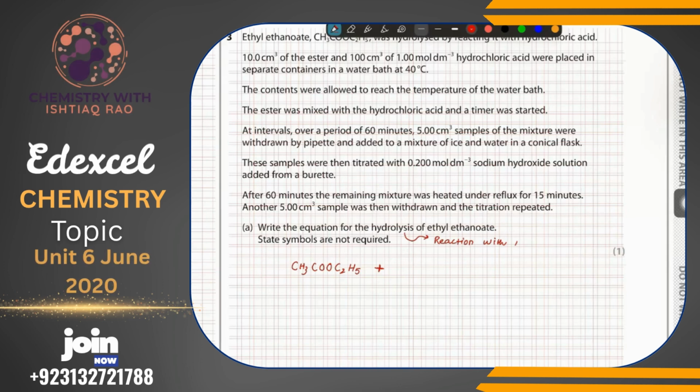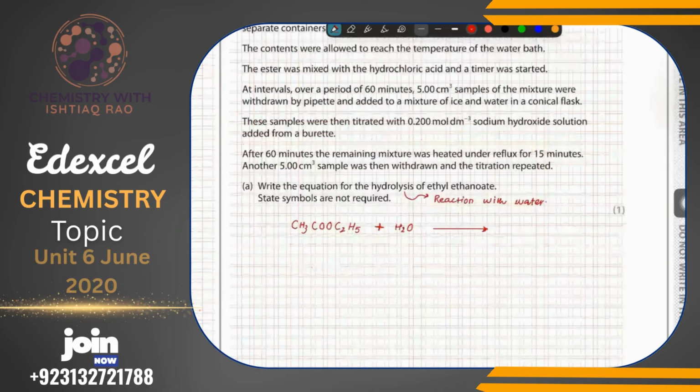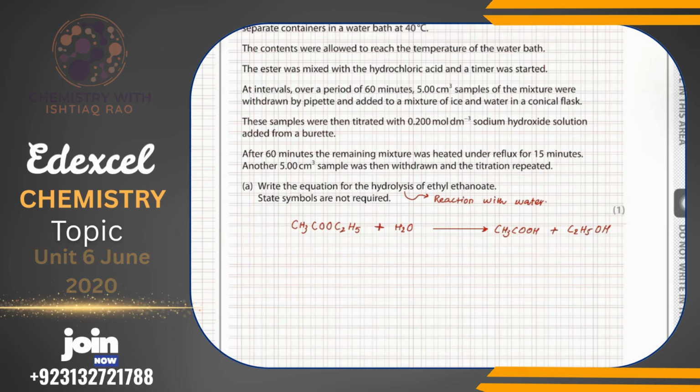So when it reacts with water, of course, this is an ester. After hydrolyzing this ester, we would be getting a carboxylic acid and an alcohol. The carboxylic acid would be ethanoic acid and the alcohol would be ethanol. The ethyl portion would always be giving the alcohol.